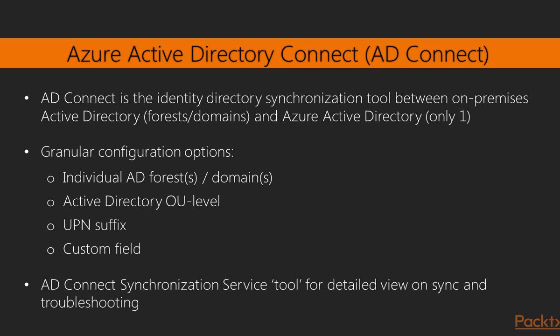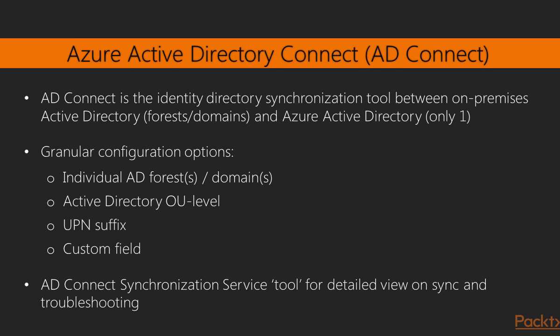Azure Active Directory Connect, or AD Connect in short, is an identity directory synchronization tool running in your on-premises environment and allowing synchronization from an on-premises Active Directory environment, which in the meantime can be multiple forests, multiple domains, into a single Azure Active Directory environment.